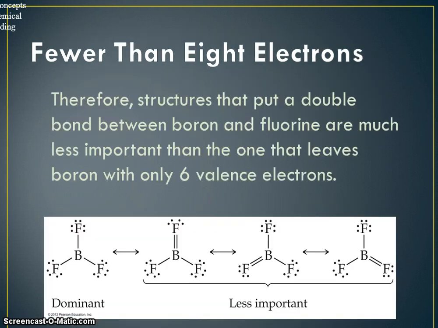So that leads us to this dominant form, which you see on the left. If we go through the process of finding the formal charges on this Lewis structure where boron only has 6 valence electrons, what are you going to find? Pause, figure out the formal charges on those atoms, and then continue.